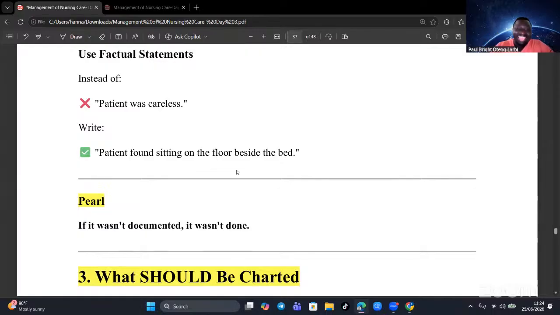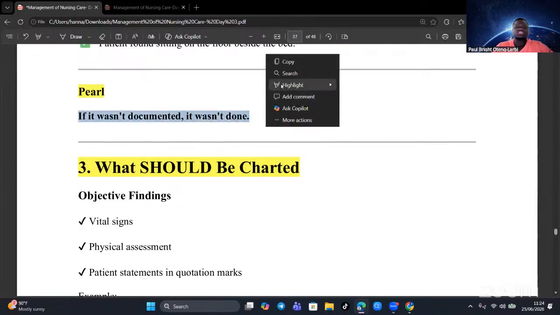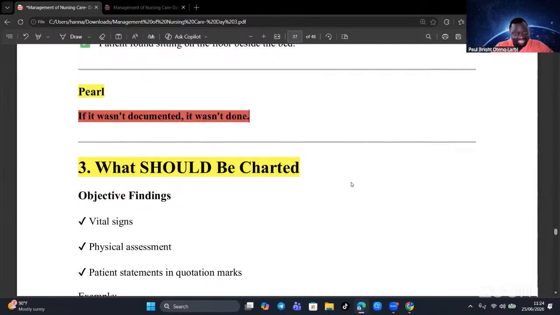But when it occurs, do what you are supposed to do. If it wasn't documented, it wasn't done. Documentation always comes after care.